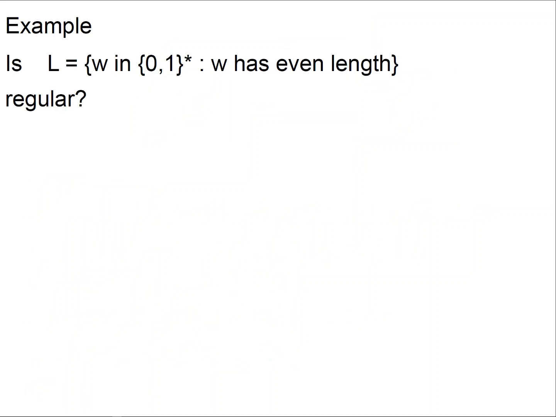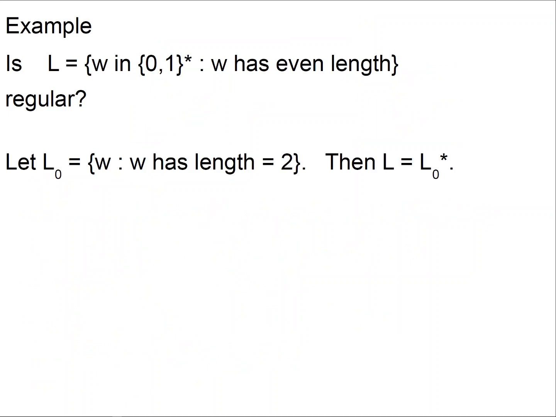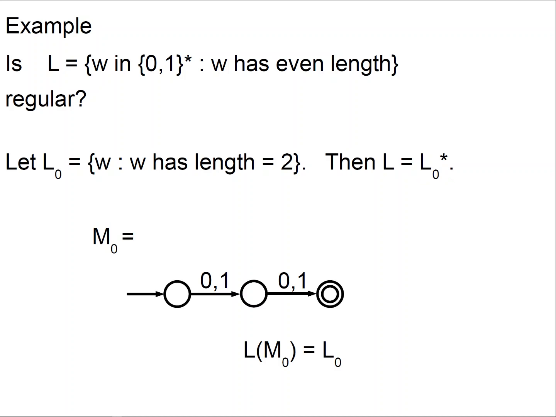Here's an example. Consider the language L of strings which have even length. Is this regular? We can think of L as being the star of L0, where L0 is the language of strings with length 2. Here is a DFA for M0.